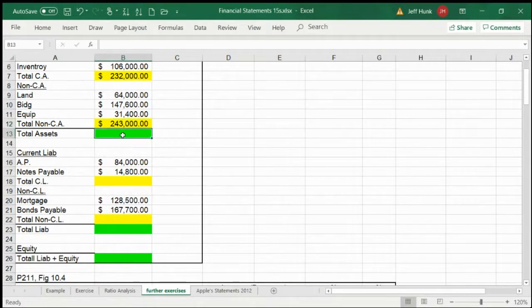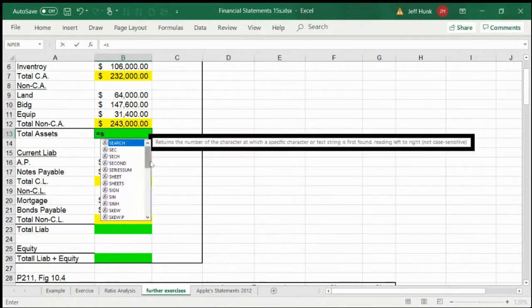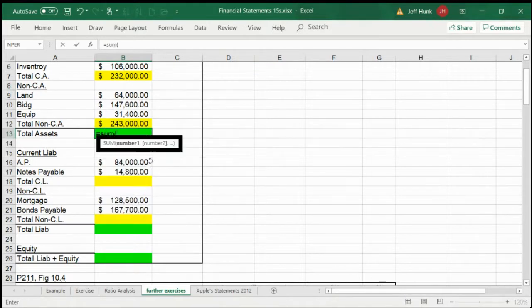And then the total assets is simply the sum of those two. I'm sorry, that and that. It's not very difficult, right?